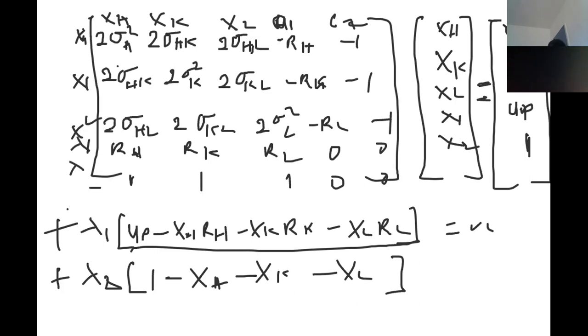Now, when I differentiate with respect to lambda 1, it means lambda 1 is going to vanish, so I'll be left with only this equation, and I'll equate it to 0.